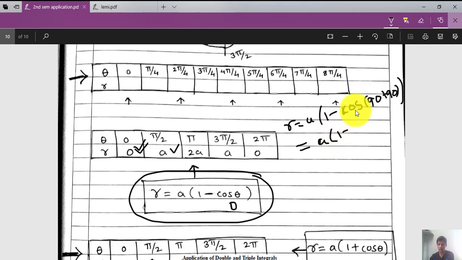So 1 minus cos of 90 plus 90, so it is second quadrant, it is negative for cosine, so this turns out to be sine of 90 degrees, but here it is negative, it becomes plus. So sine of 90 is what? 1. So a, this 1 and this 1, it becomes 2, and that is the reason it is 2a.